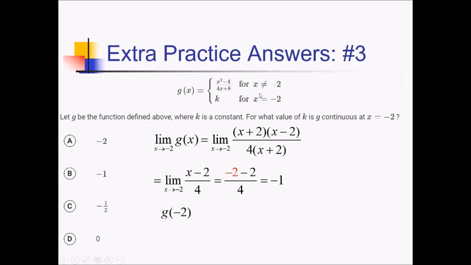But you're only allowed to plug in -2 for this particular function. So that equals k. Now we know that the limit of g as x approaches -2 and g of -2 itself need to equal each other for this to be continuous at x equals -2. Therefore, -1 must equal k, or k equals -1, giving us our answer of choice B.